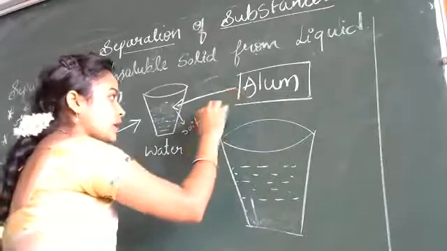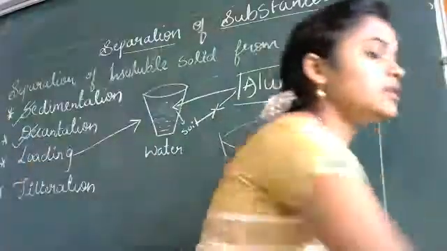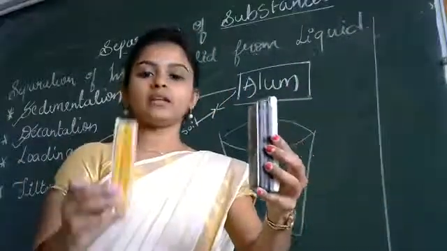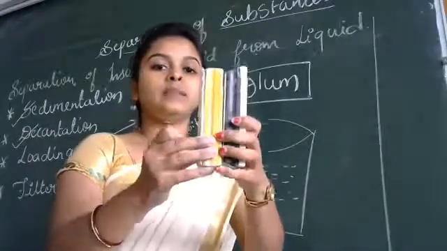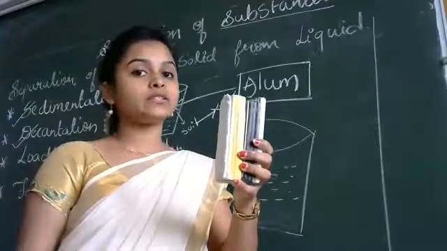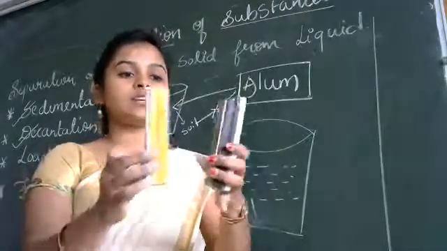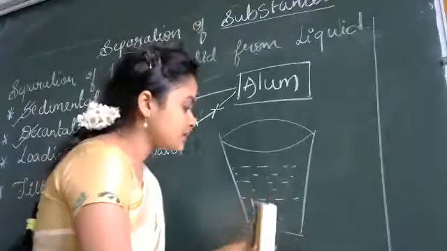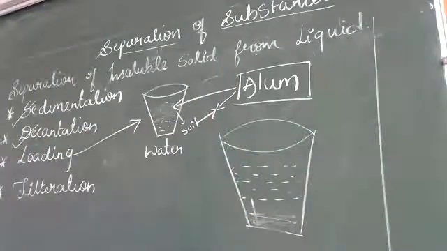Suppose this is alum and this is soil particles. They stick together and become heavy in weight. You know that heavy particles sink in water. So after sticking together, they settle down at the bottom of this water.